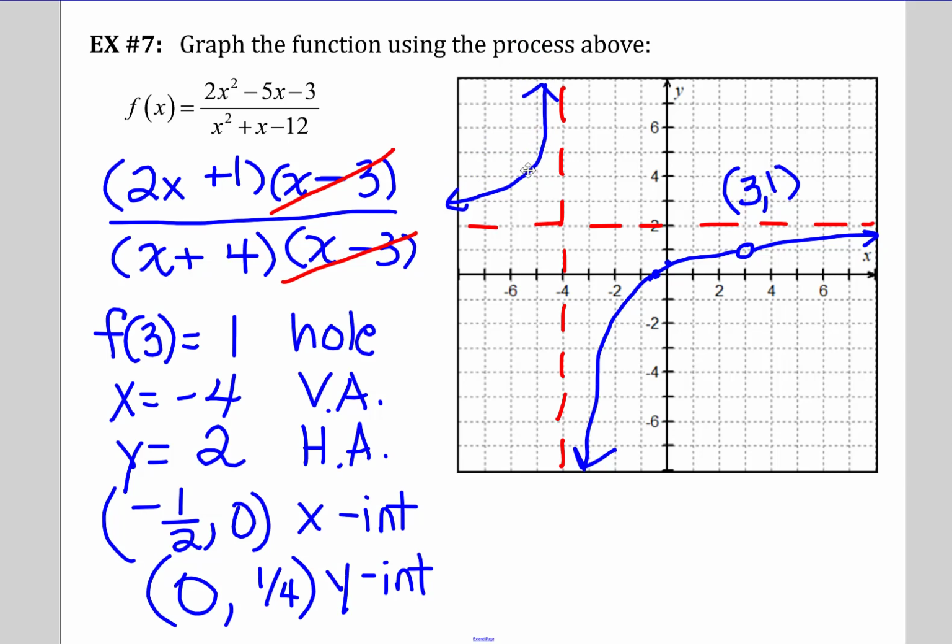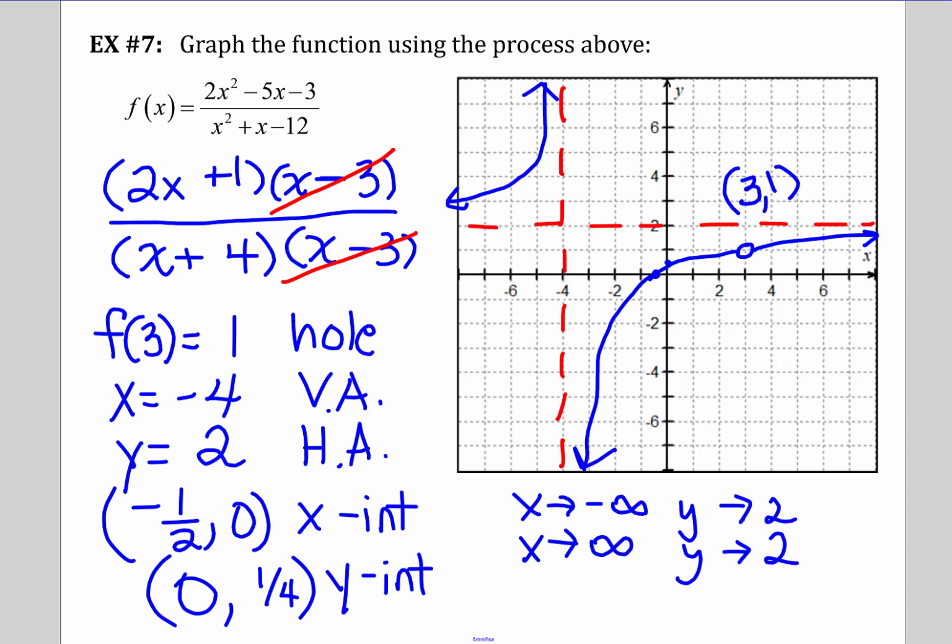I'm not really finding one particular value, but I do know the behavior is up there. Let's go ahead and write the end behavior. As x goes left and as x goes right, y is going to be approaching 2 in either direction.